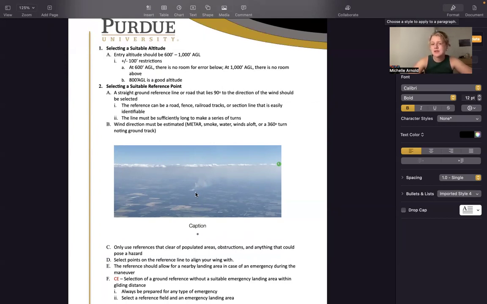You can see in this picture here that the smoke is pretty clearly going to the right. I'm not sure what that direction is in this picture, but that should be a fairly easy way to see which direction the wind is going if you don't have access to a weather service.